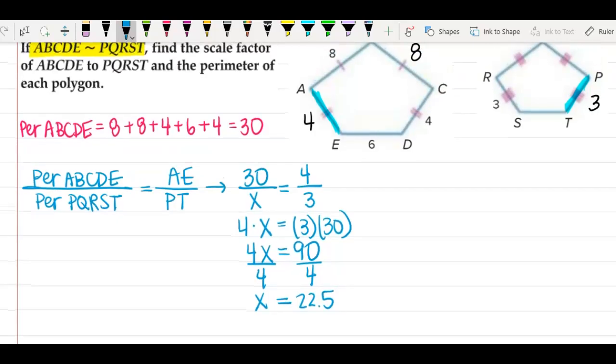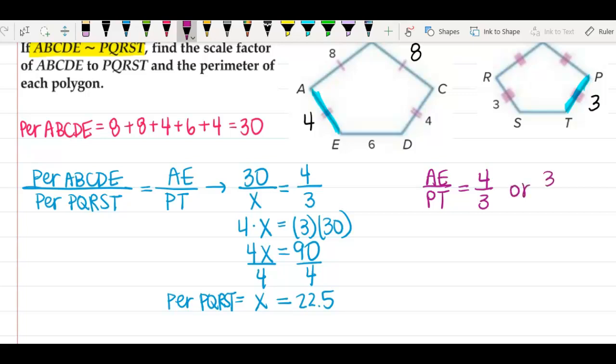So, now we have the perimeter of PQRST and the perimeter of ABCDE. We just need to find our scale factor, which we can take AE over PT, which was our 4 over 3, or you could say 3 over 4. It's the same thing. It just depends on how you write that ratio.